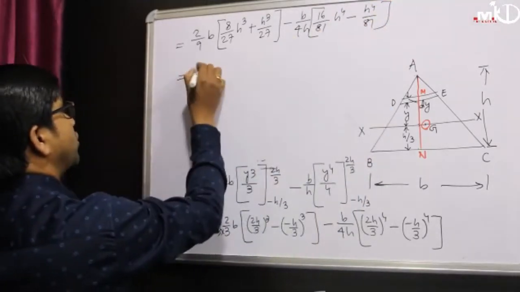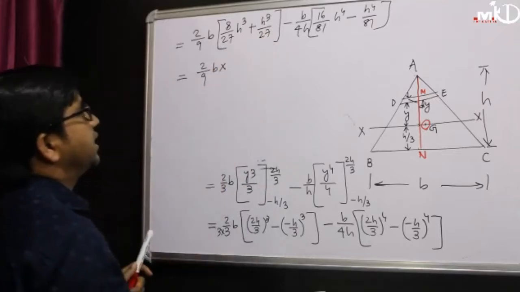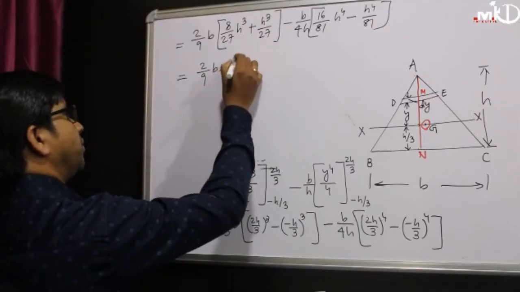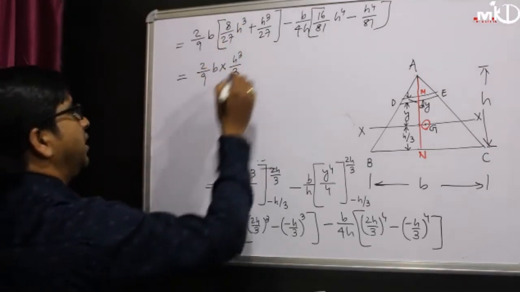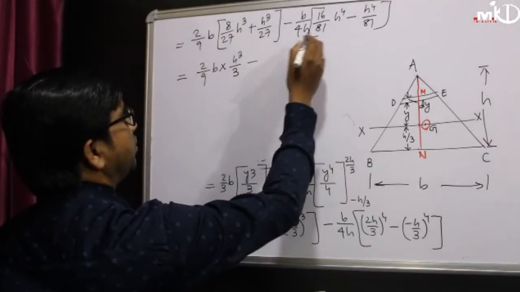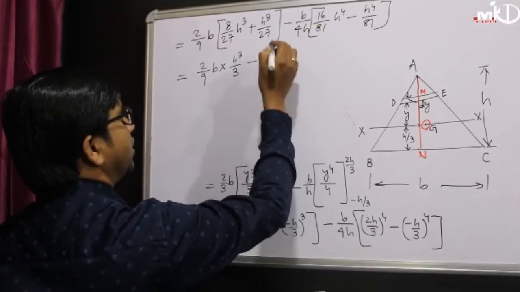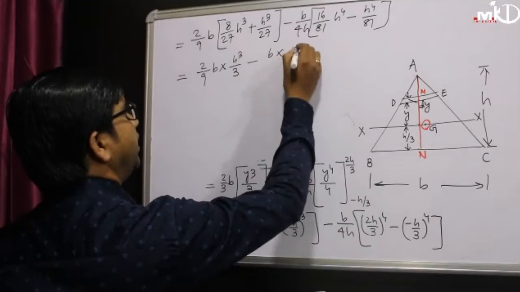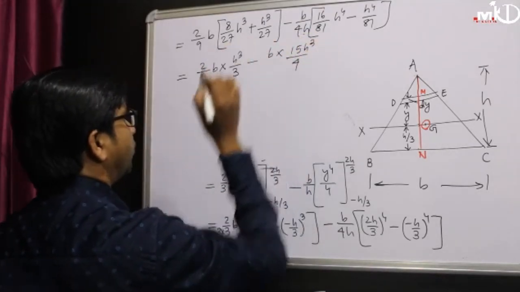So this becomes 2 by 9 b whole into 8h cube plus h cube, 9h cube by 27, which becomes h cube by 3. Here also one h is cancelled, so this is b into, taking LCM 18, 16 minus 1, so 15, h cube divided by 4.